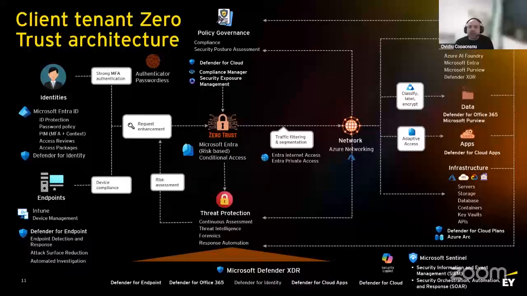The Azure infrastructure can be protected with Defender for Cloud plans, and it covers all the workloads from servers, storage, databases, containers, and key vaults. And with the help of Azure Arc, we can bring the workloads from AWS, GCP, and on-premises, like servers, containers, or storage, into Azure as if they were in Azure, so we can manage them properly.